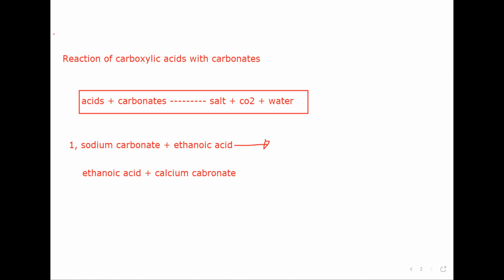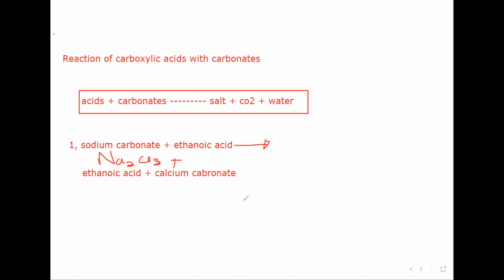Sodium carbonate, ethanoic acid. Okay, what's your mistake in writing the salt? What should come first? The negative part should come first and then the metal, no? If it's Na2CO3, did you write it as Na2?